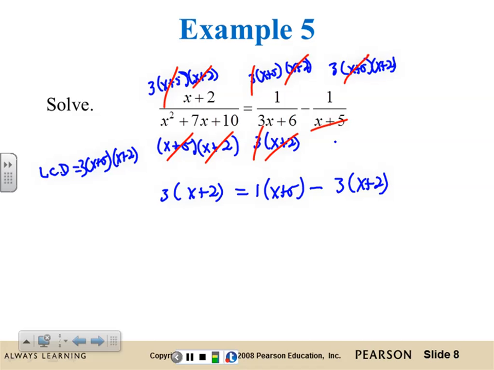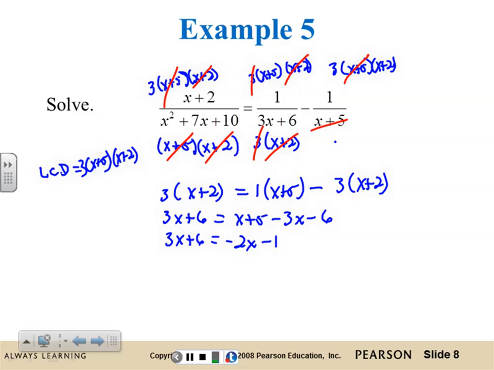Let's do the distributive property. We're going to have 3x plus 6, and we're going to have x plus 5. And this is a negative 3 going through, so we have negative 3x minus 6. Let's combine like terms. So we have 3x plus 6 is equal to x minus 3x, which is negative 2x, and then 5 minus 6 is negative 1.